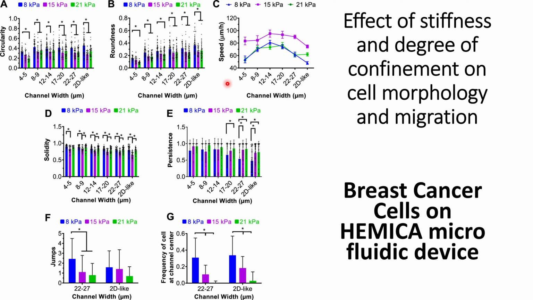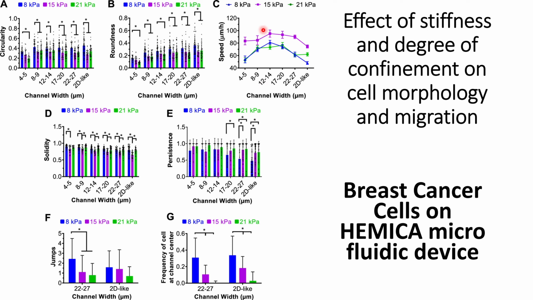The other property they measured in terms of cell migration is the speed at which cells migrate, and they can see that it is a biphasic relation. That is, with an increase in width they see an increase in the speed, and it reaches a peak at around this 12 to 15 micrometer width of the microfluidic channel that we can see here.